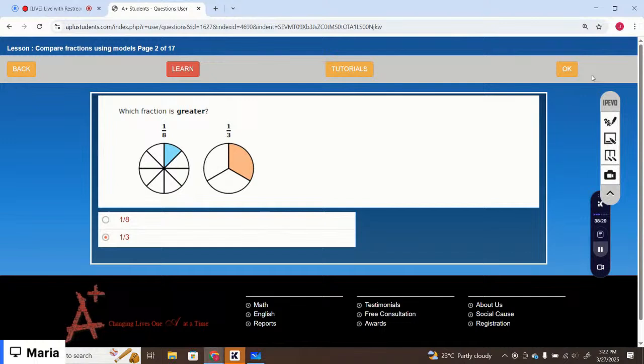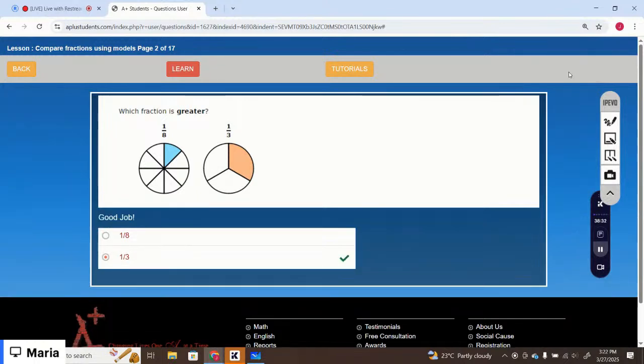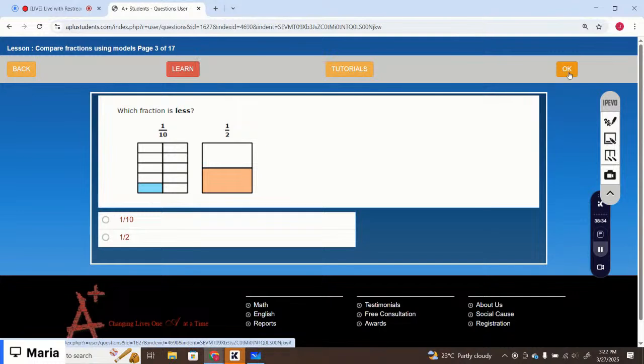Option number two is the correct option. Which fraction is less? 1/2 or 1/10.